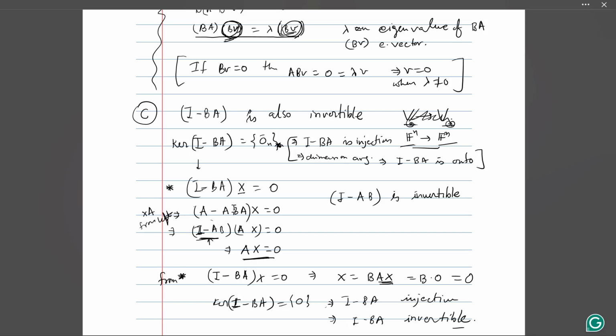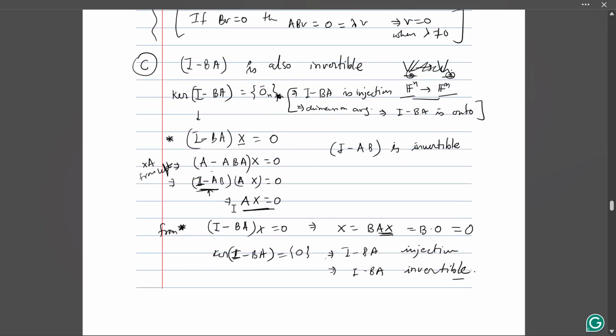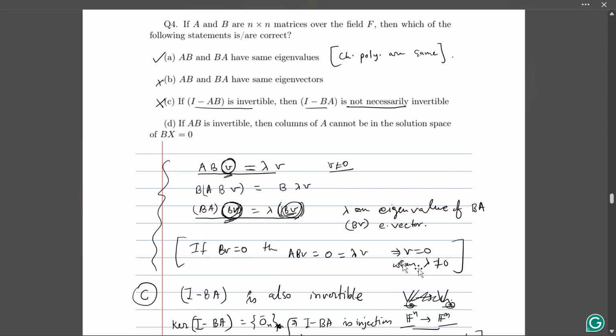You want to see it once more? Understood. I can go to the next question. Okay. There is the B part. You understood C, right? Suppose you understood C. So what B part says, if AB is invertible, then columns of A cannot be in the solution space of Bx.